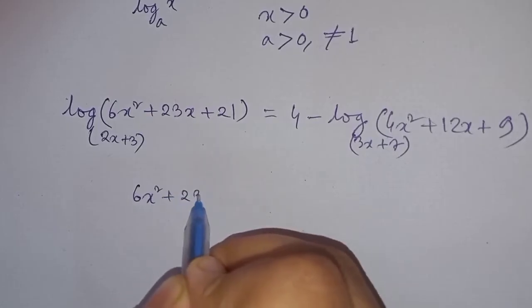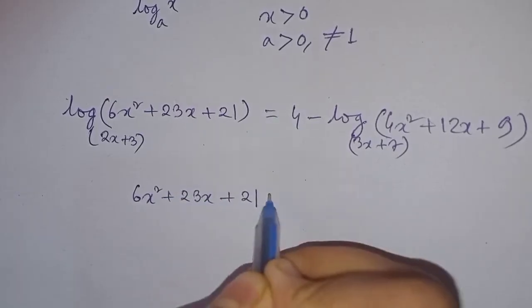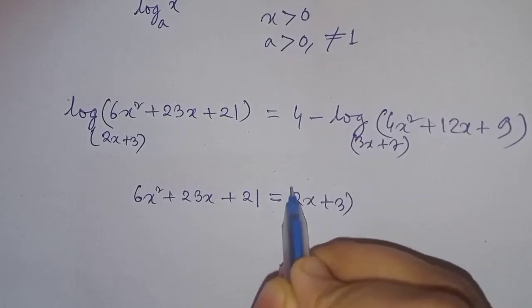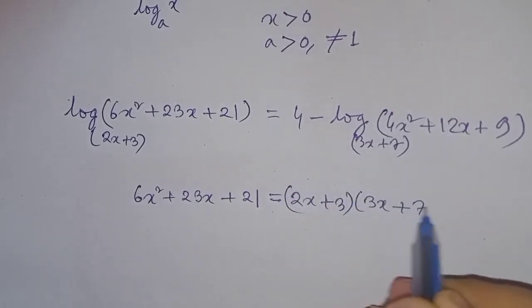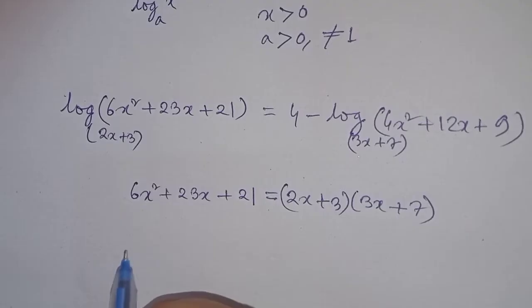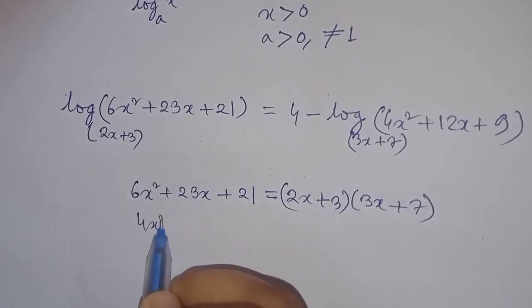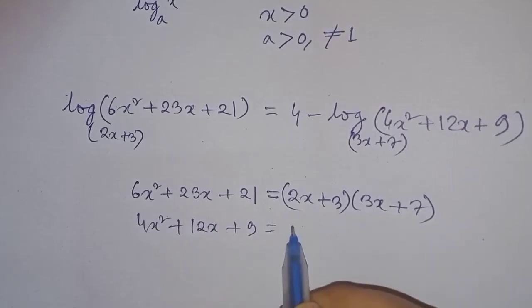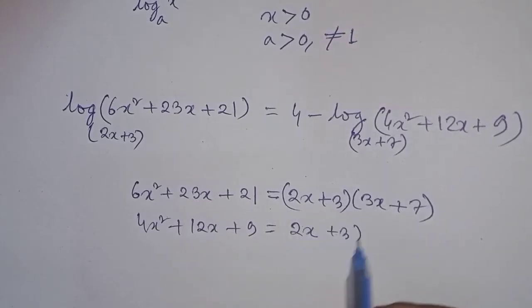If you see, 6x square plus 23x plus 21 can be written as 2x plus 3 into 3x plus 7, simply by using the middle term factorization technique. And 4x square plus 12x plus 9 is a perfect square, 2x plus 3 whole square.